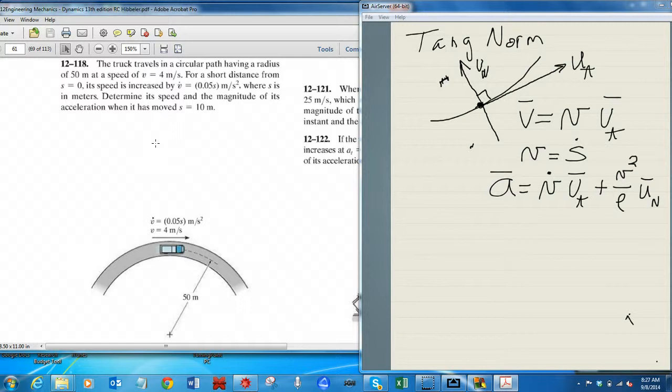How am I going to find that? I'm going to integrate just like I did all these others, right? If I have dV dt, that V dot equals dV dt equals 0.05 S. So how am I going to integrate this thing?